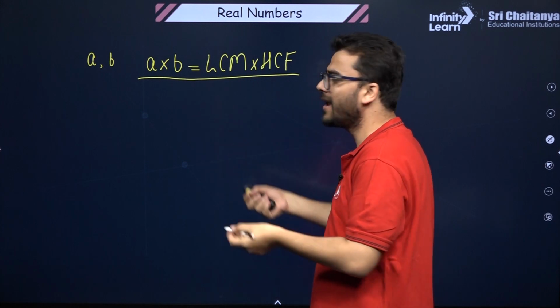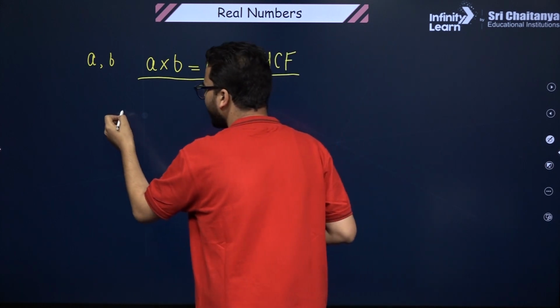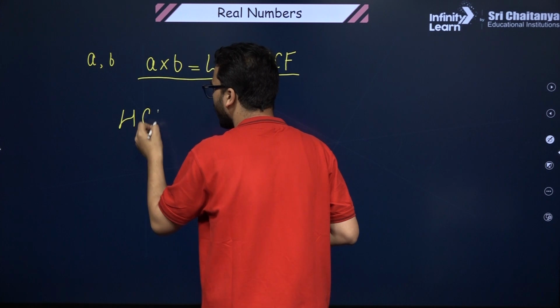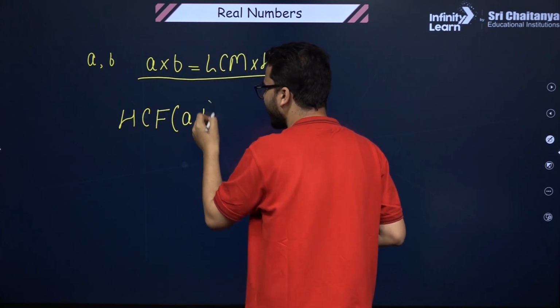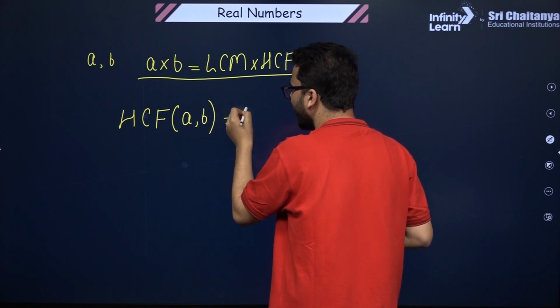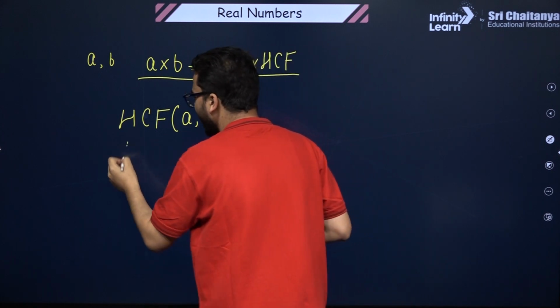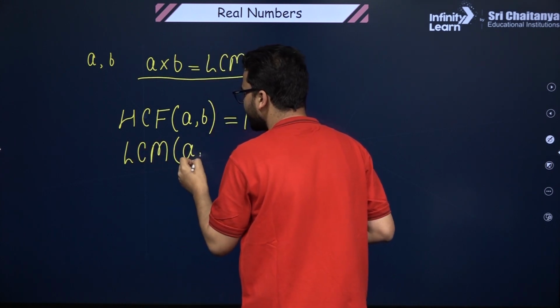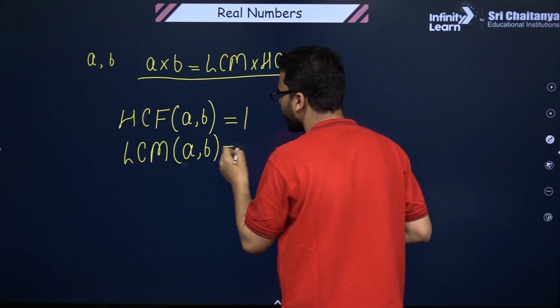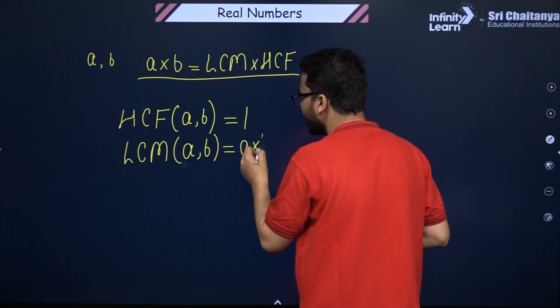And one more thing I would like to add over here, that if you have got two co-prime numbers, the HCF of two co-prime numbers is 1 only. And the LCM of two co-prime numbers is the product of the numbers itself.